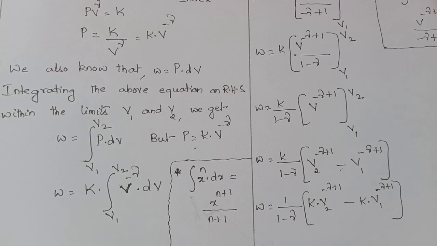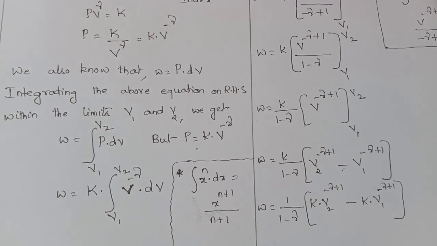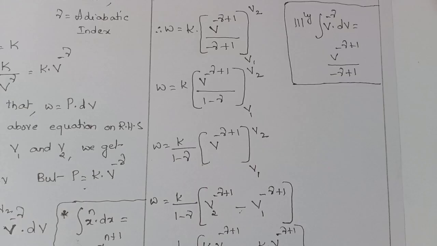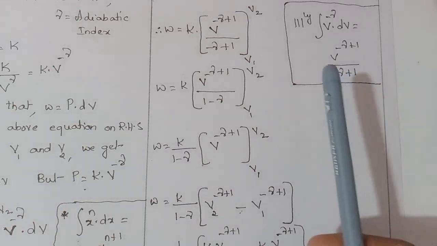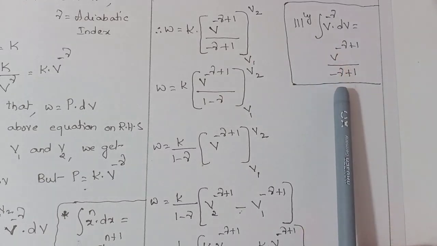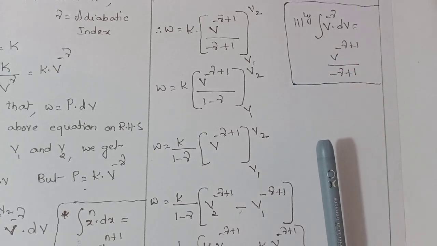Try to write the solution. Similarly, integral V^(minus gamma) dV is equal to V^(minus gamma plus 1) by minus gamma plus 1. Also write this in the column.